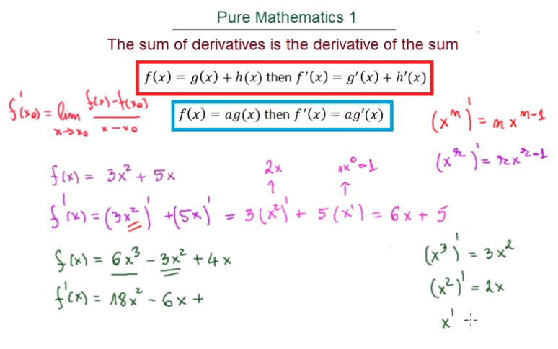X differentiated, we bear in mind that it means x to the power of 1 differentiated, which will be 1 times x to the power of 1 minus 1, which is 1 times x to the power of 0, and anything to the power of 0 gives us 1, so this is 1. 4 times 1 is equal to 4.